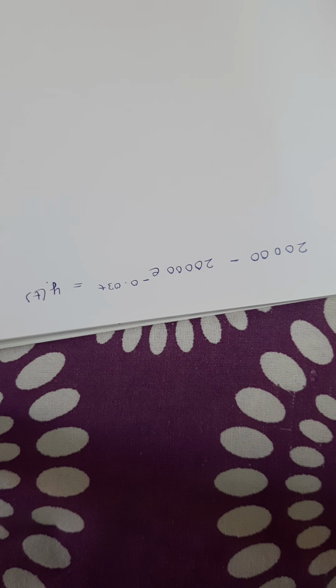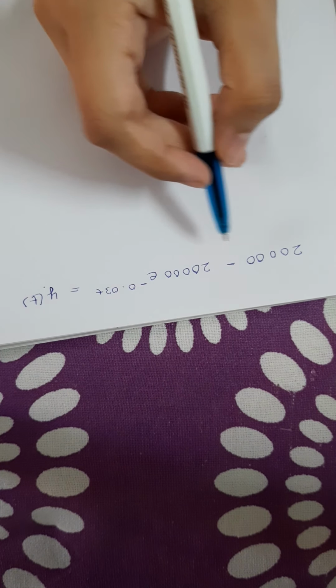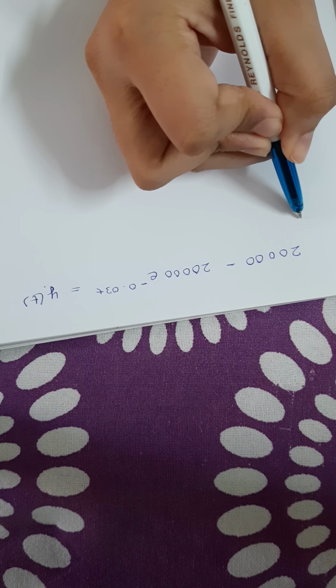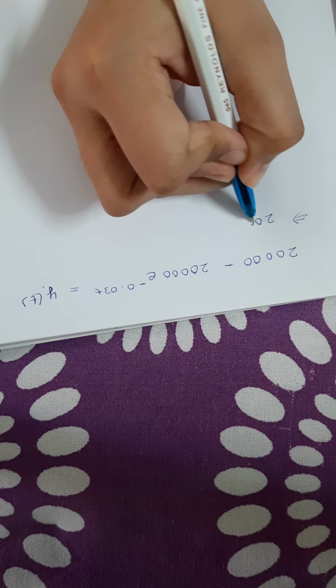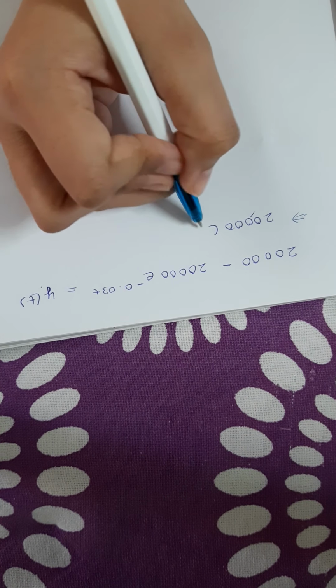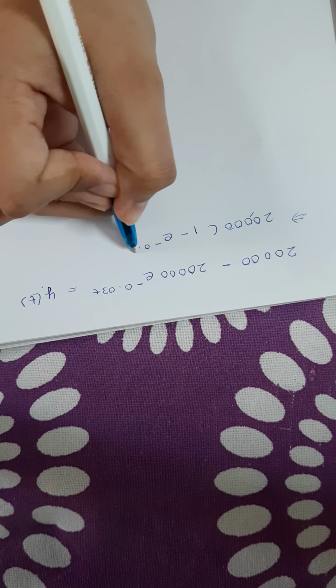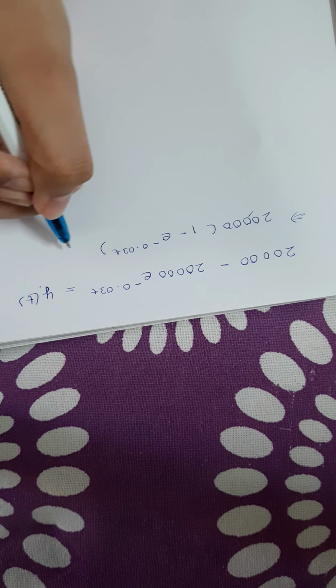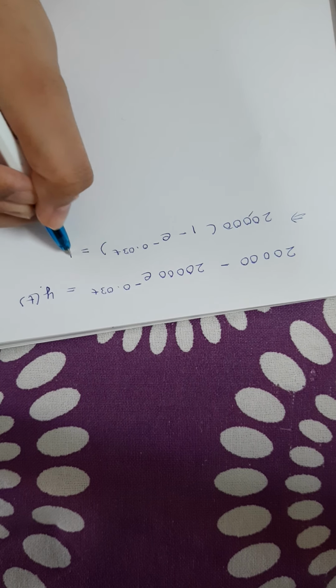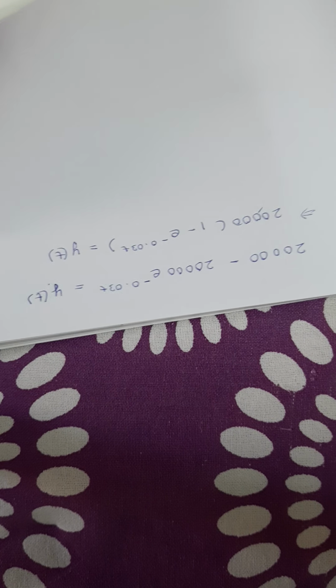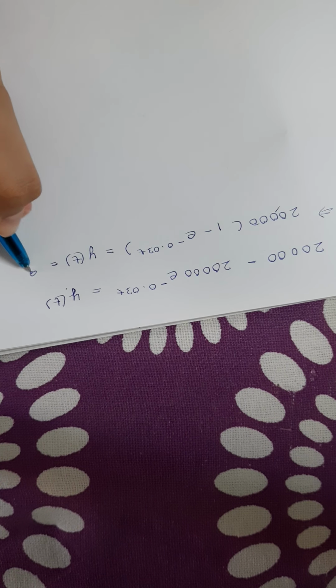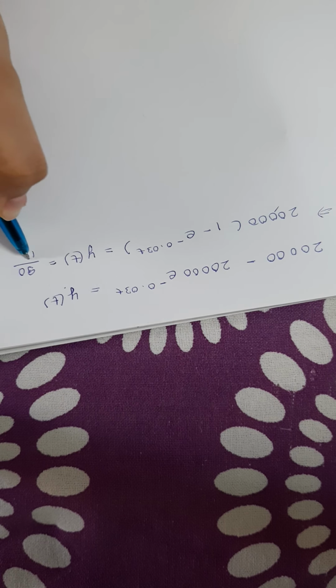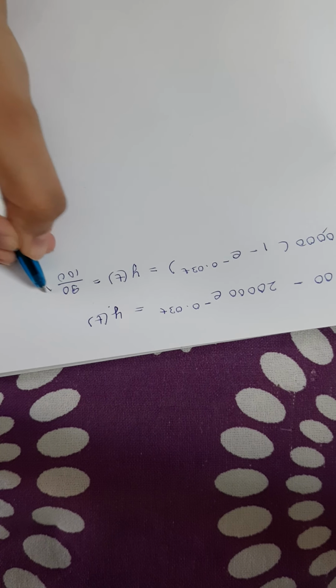So let's just simplify this a little bit. Let's just take 20,000 outside. And in this case we want it to be equal to 90%, 90 by 100 of 20,000.